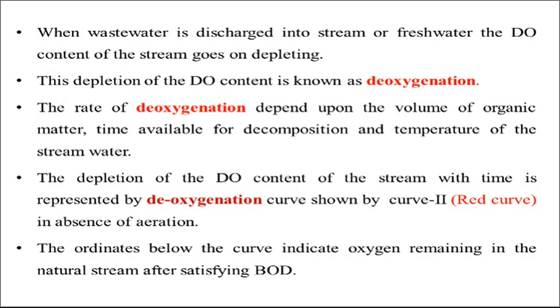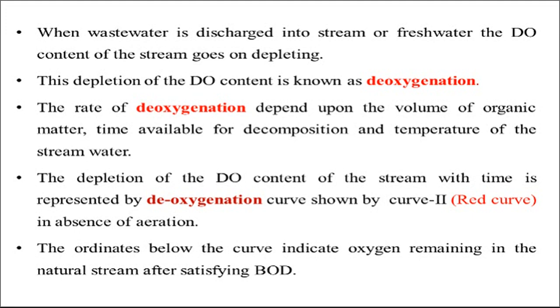The rate of deoxygenation depends upon the volume of organic matter, time available for decomposition, and the temperature of stream water or river water. The depletion of the DO content of the stream with time is represented by the deoxygenation curve, which is shown in the previous figure.